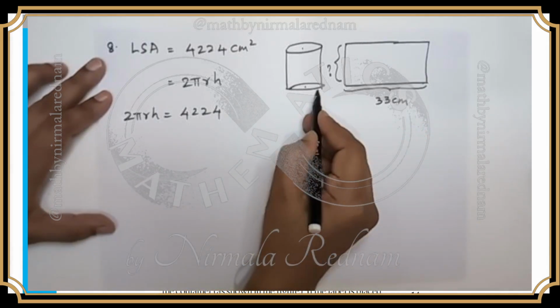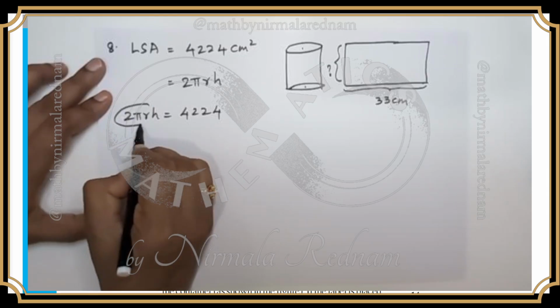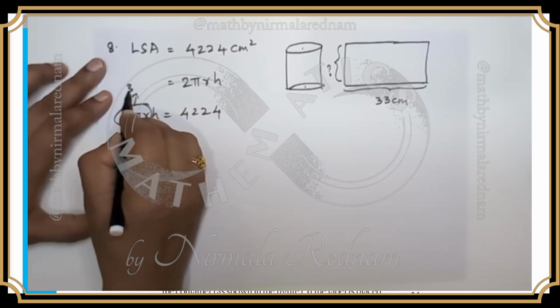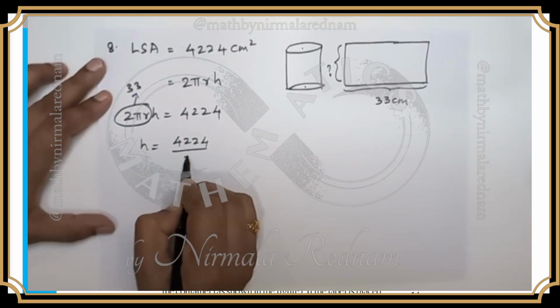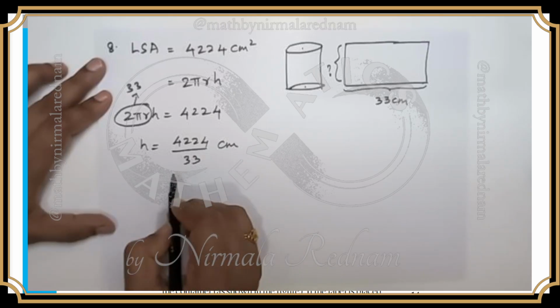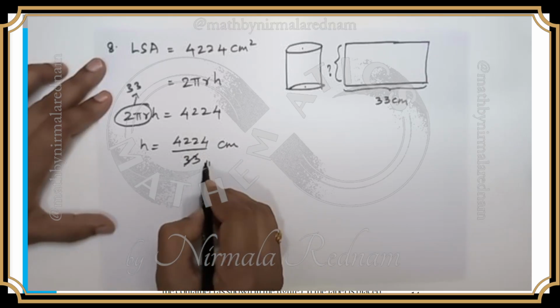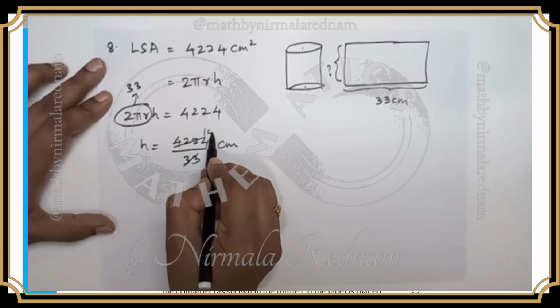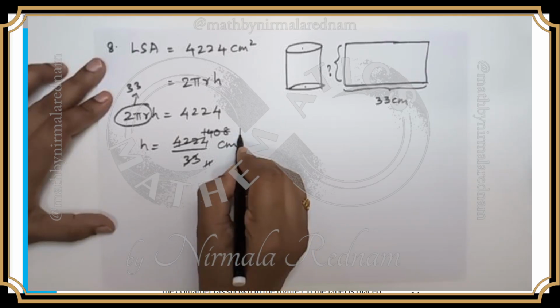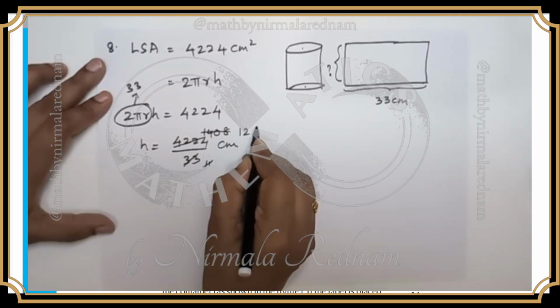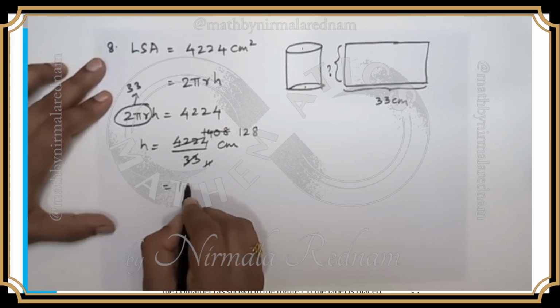This is nothing but the circumference of the circle. So this part is nothing but 33. So I can write h as 4224 by 33, right? So if I simplify this, I'm getting 128 centimeters.